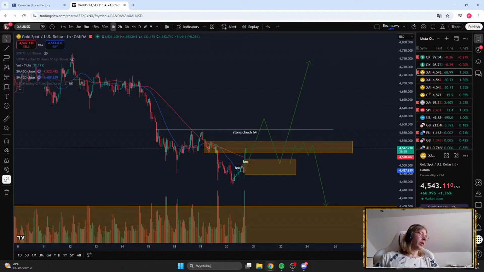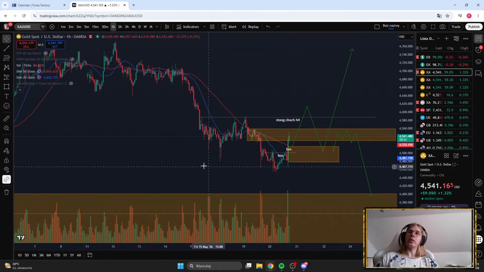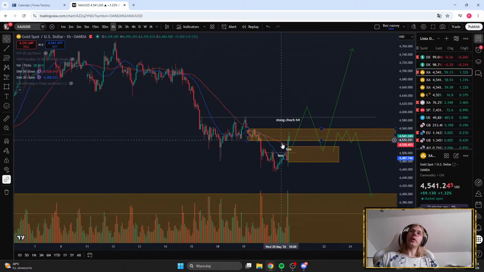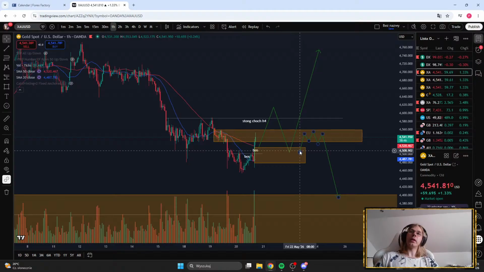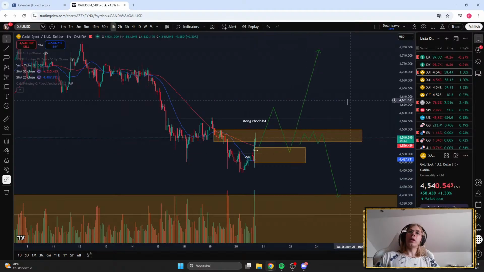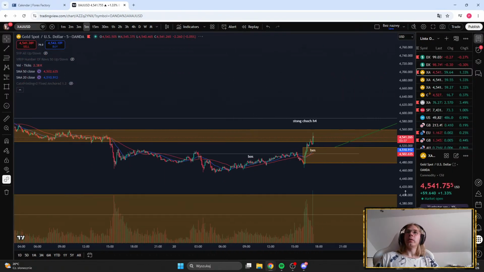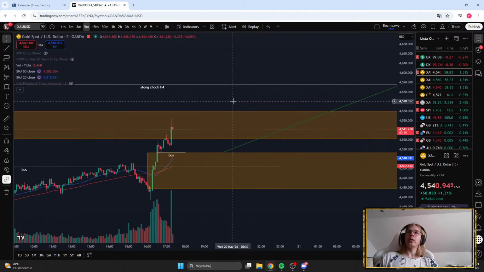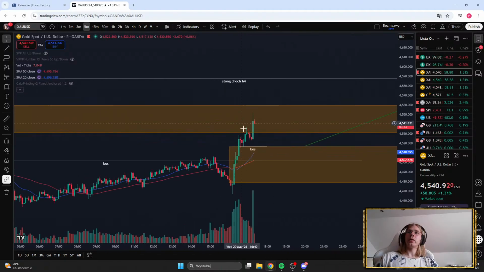I'd say we dump. Yeah, maybe from this zone we dump to here. For now, price is inside the zone, so sellers can look for their move to the downside. If we have some sellers, you can be active inside this zone.